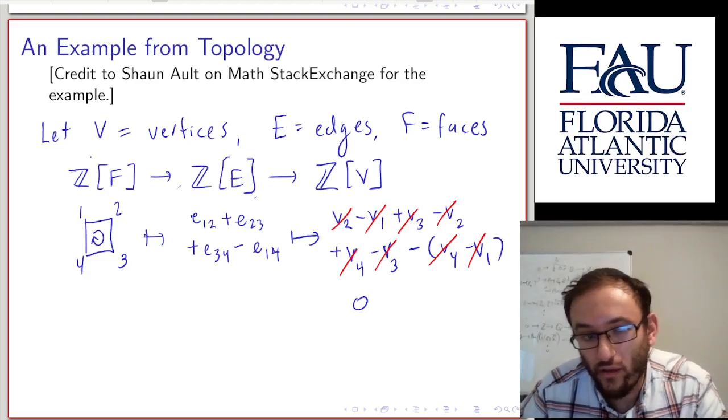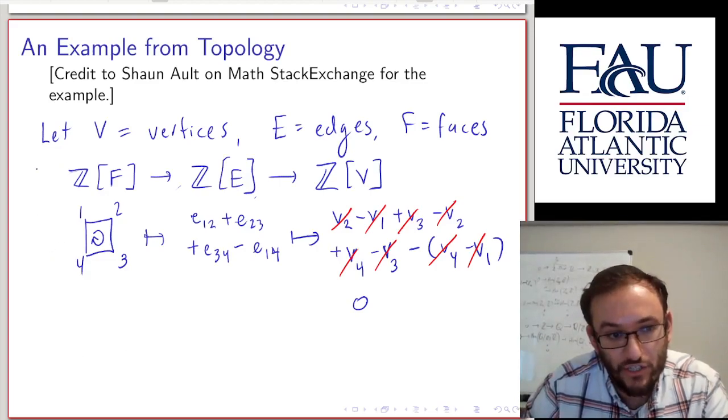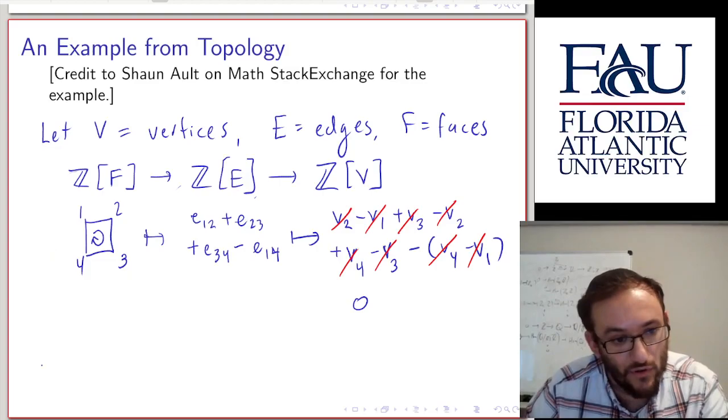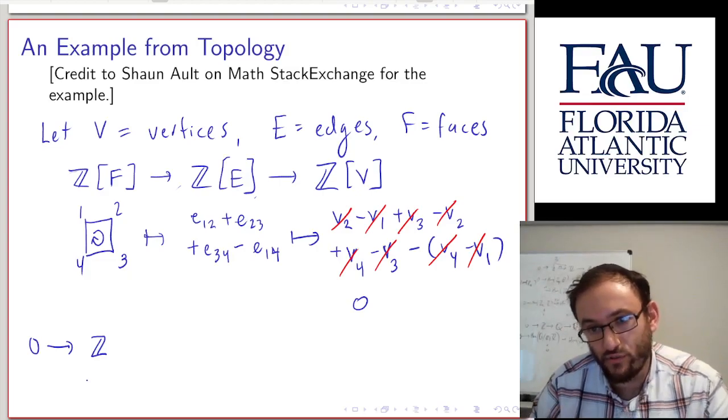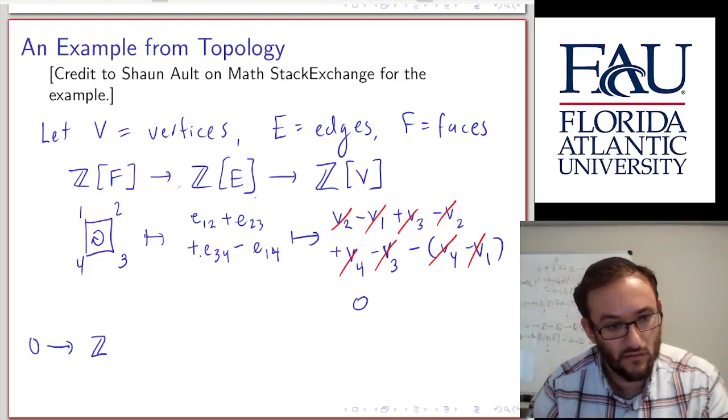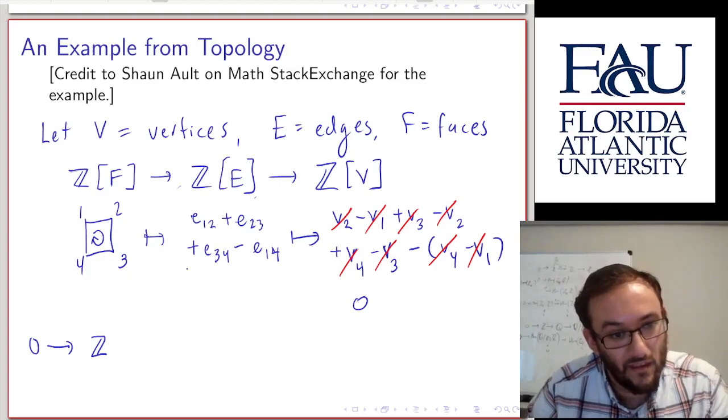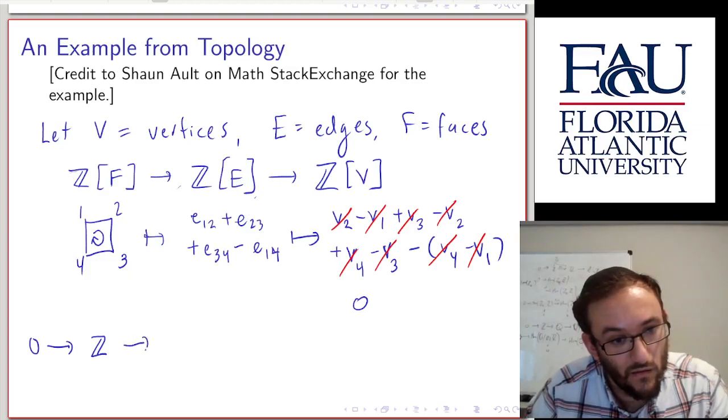Unfortunately, it won't be quite exact if we enlarge it just by zeros. So we need to add in one copy of Z corresponding to the solid, and then we can take this sequence.